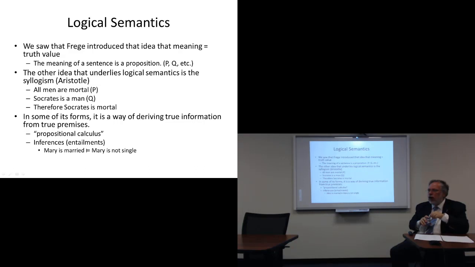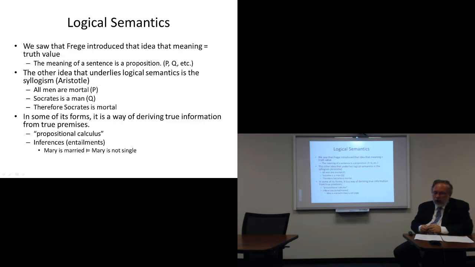And what that means is that you have a sentence, right? And that sentence is taken to be the expression of a proposition, okay? They're traditionally indicated as P, Q, etc., in capital letters.